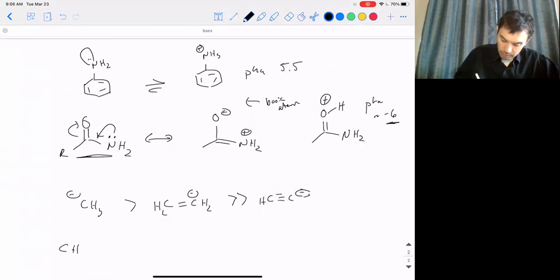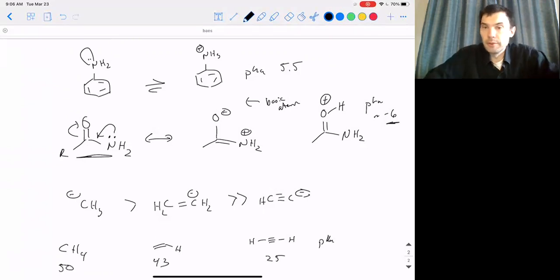Methyl lithium is a much stronger base than vinyl lithium, which is a much stronger base than acetylide. The pKa's here are about 25, about 43, and about 50, respectively. In all three of these examples, these are carbon-hydrogen containing molecules. So they're only hydrocarbons. There's no heteroatoms involved in any of them.